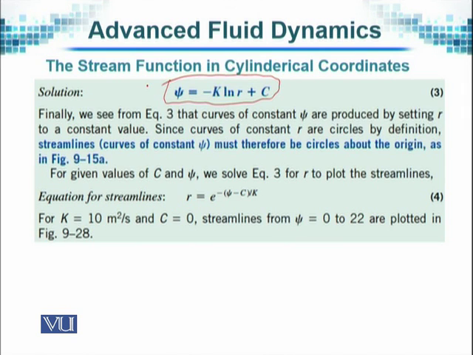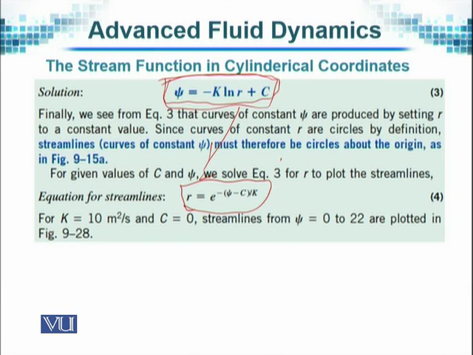And for a large number of points, we can produce a diagram that will depict the velocity field given by this function psi, as proposed in the question. From this, we can easily obtain r to be equal to this. Keep giving different values to r, we keep finding different values for psi.